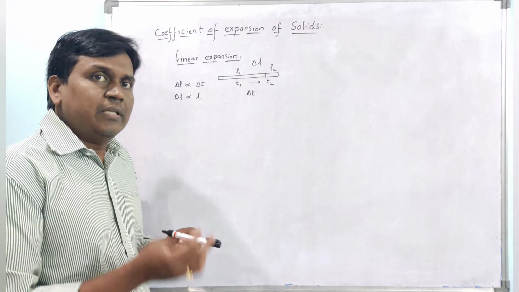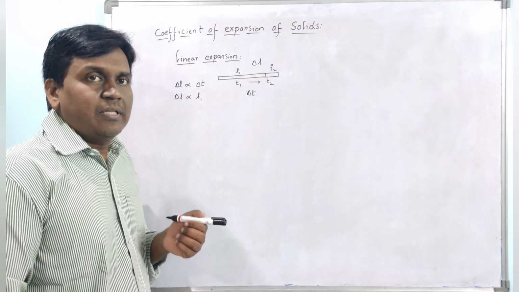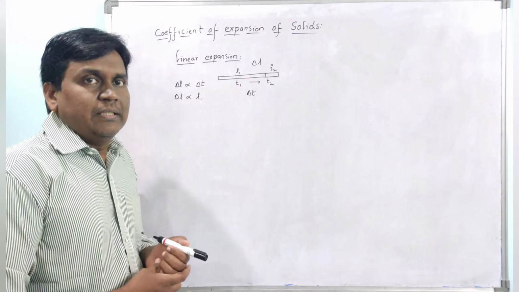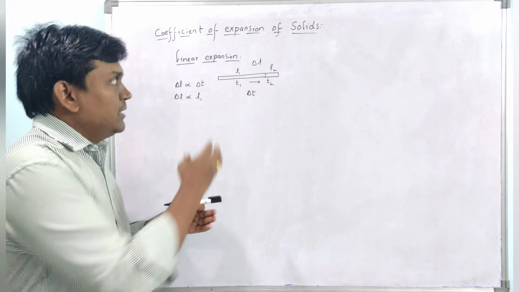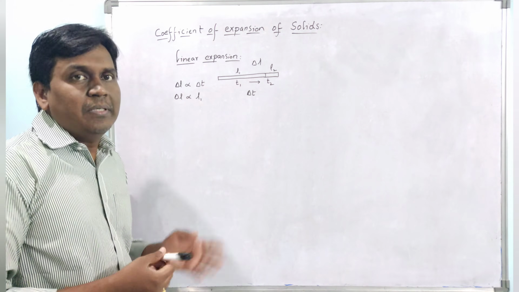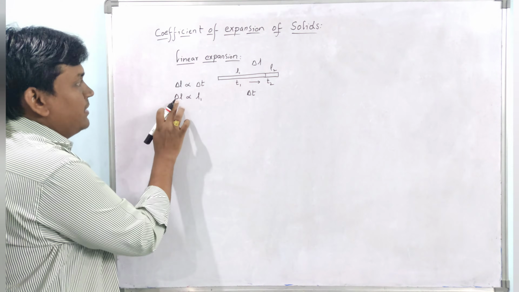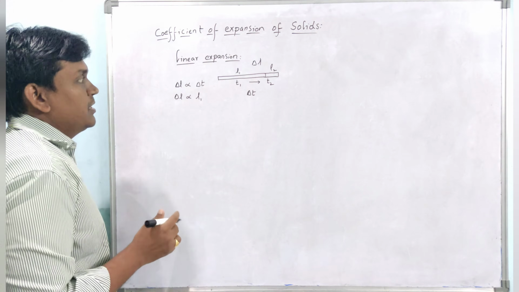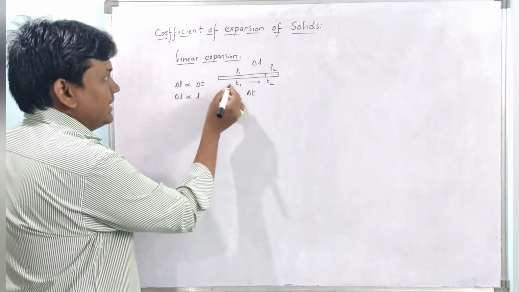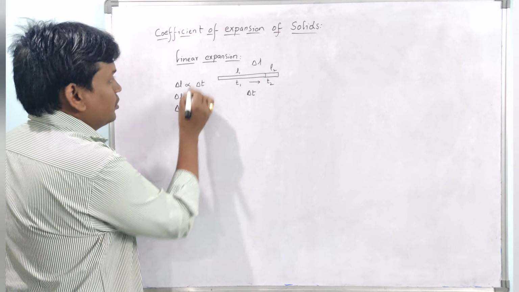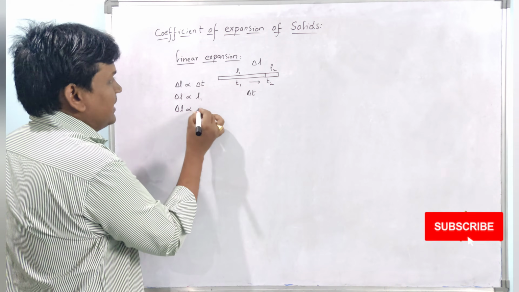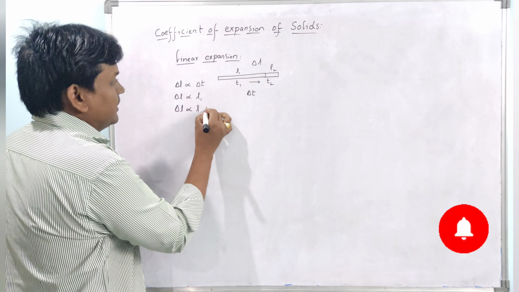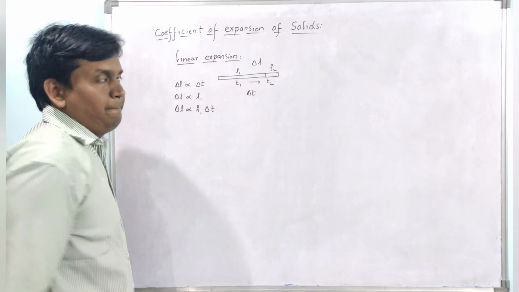If you take a 3 meter rod and give the same amount of temperature, the change will be tripled. So that's why delta L is directly proportional to L1 also. By these two we can write that delta L is directly proportional to L1 delta T.